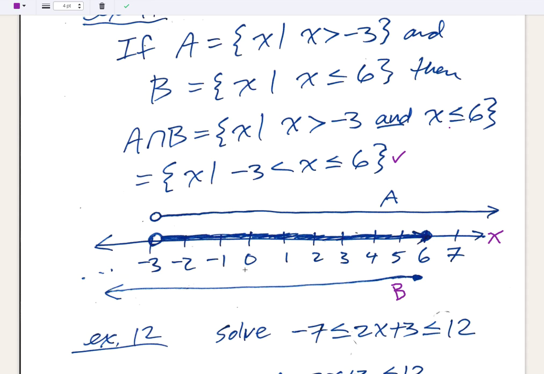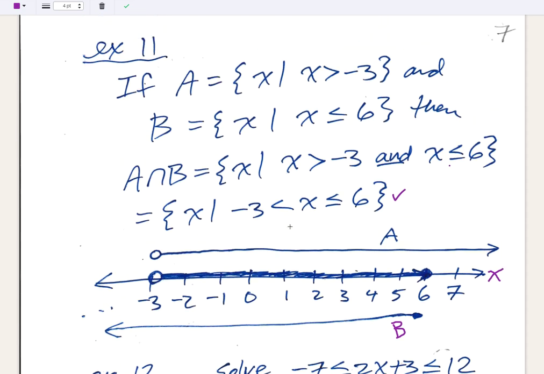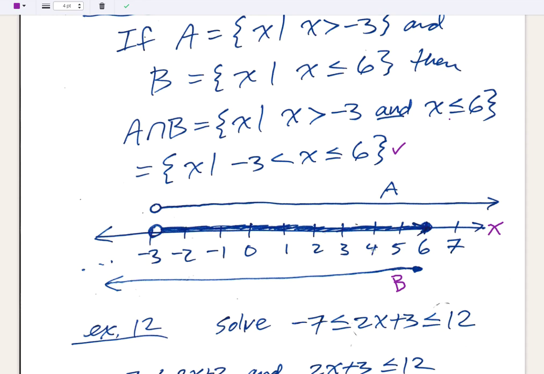The intersection of the two would be the set of all values of x common to both of those, and that's what I'm trying to drive at here. That's where these overlap, where they intersect. You could see it would be everything from -3, not including -3 though, because that's not part of A. Everything in this direction, so greater than -3, all the way up to and including 6. So if I intersected A and B, this is the set I would get.